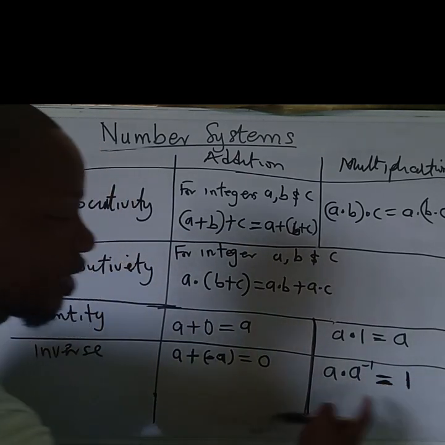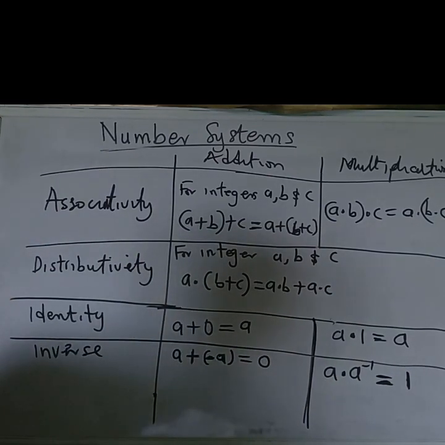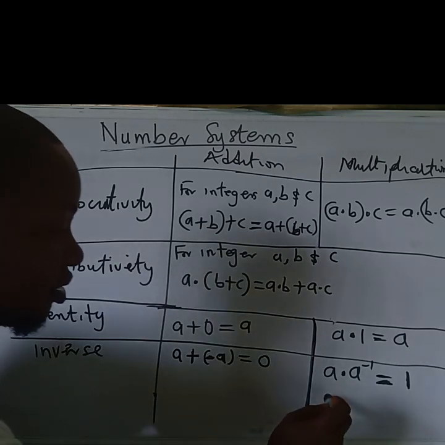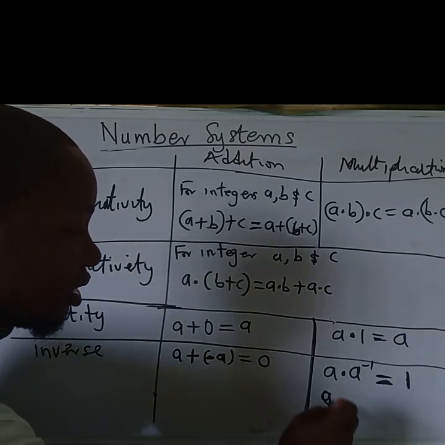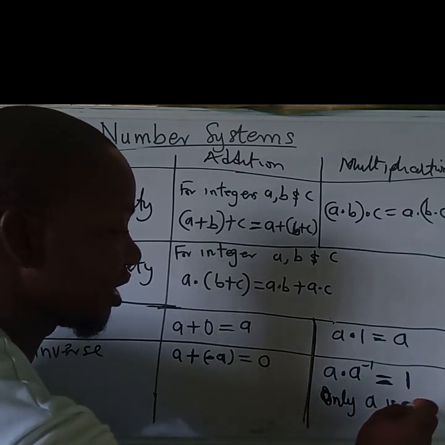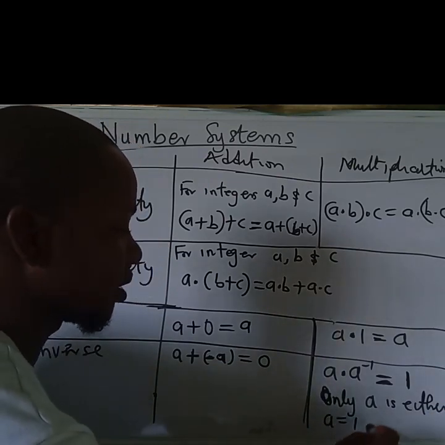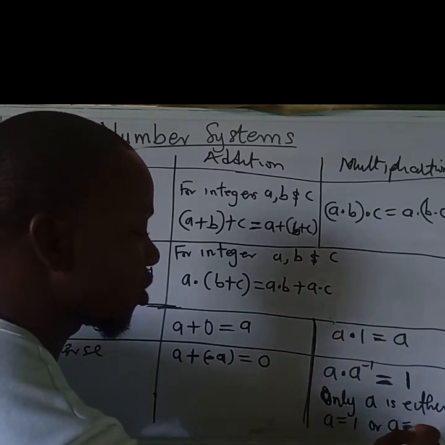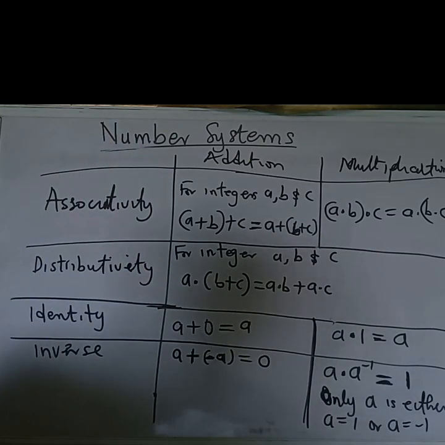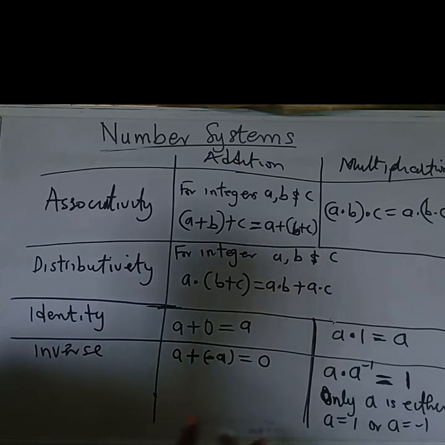Okay, so the only numbers that can satisfy this are two numbers: a equal to 1 or a equal to -1. If you pick any number other than these two, this will not hold. But if it is 1, for example, this will always hold.